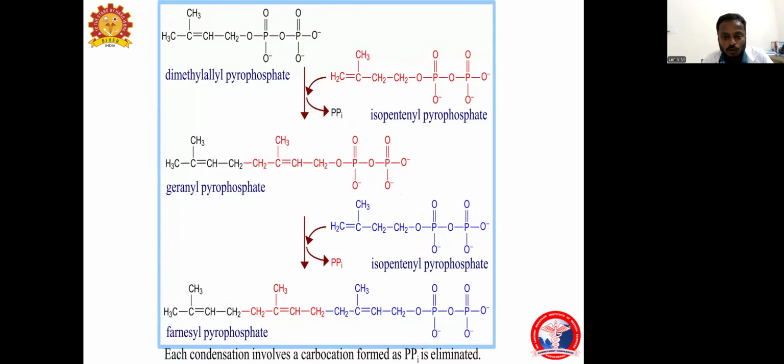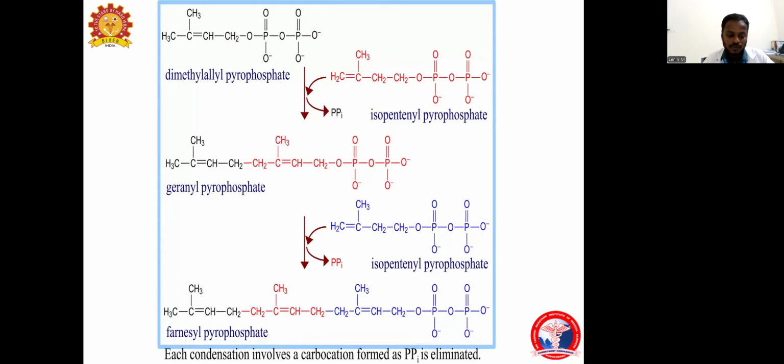Dimethylallyl pyrophosphate together with isopentenyl pyrophosphate forms geranyl pyrophosphate, with the release of pyrophosphate. Geranyl pyrophosphate together with isopentenyl pyrophosphate finally forms farnesyl pyrophosphate, and pyrophosphates are eliminated in this reaction.